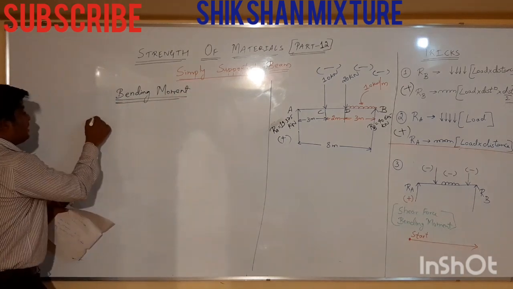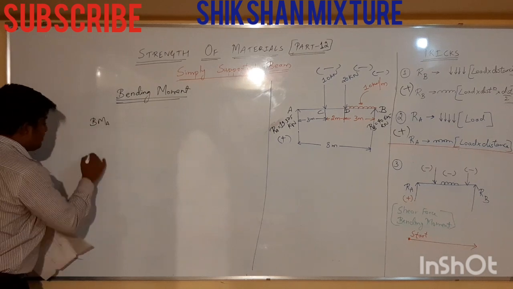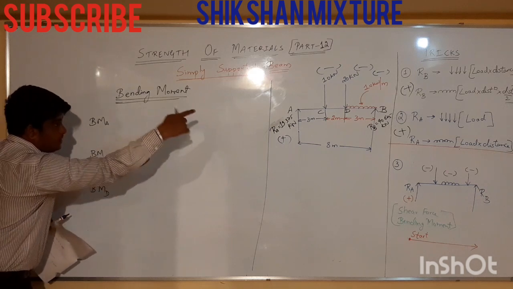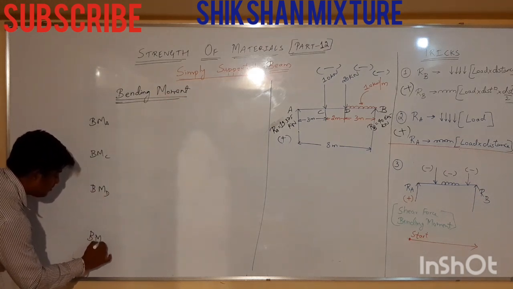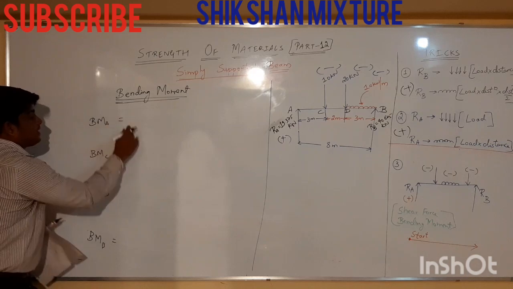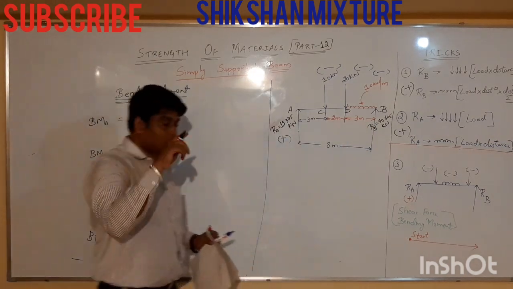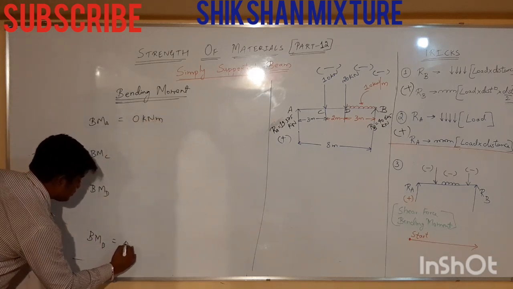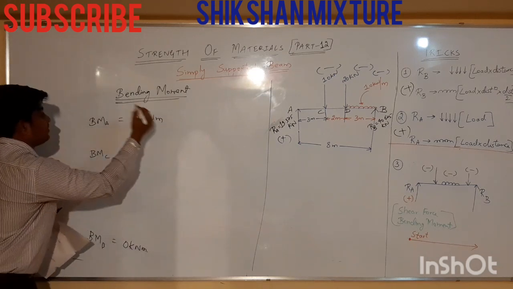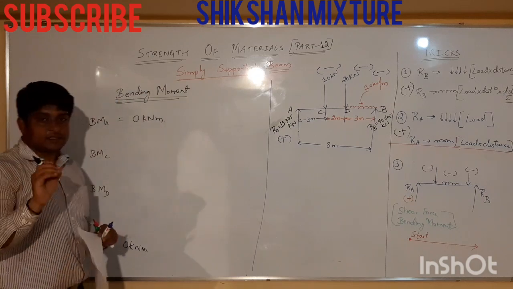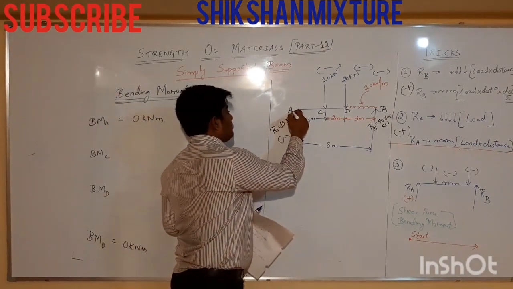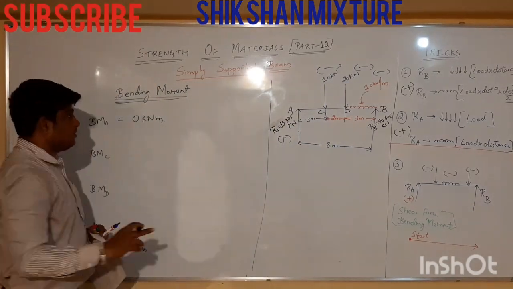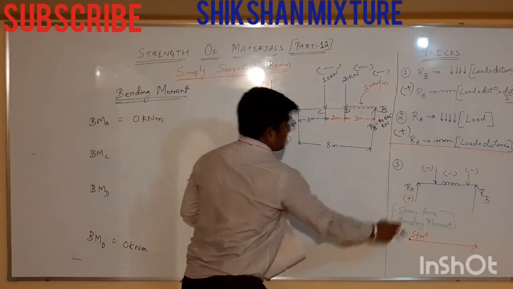Bending moment at A, at C, at D, at B. First and last, A and B are always 0. 0 kilonewton meter, and this is also 0 kilonewton meter. Write it: in a simply supported beam, at both support ends the bending moment will be 0. Now we will calculate at C.